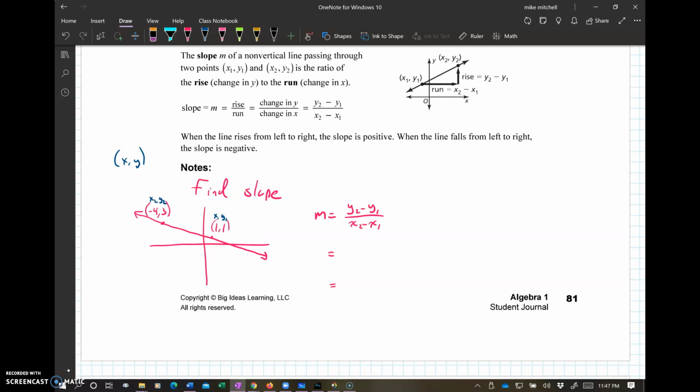It's an x and a y together because that's what a point is when we graph it. Then just plug them in over here. y2, that's 3 minus 1, which is y1. x2 is negative 4 minus 1. 3 minus 1, that's 2 over negative 5. That would be my slope.